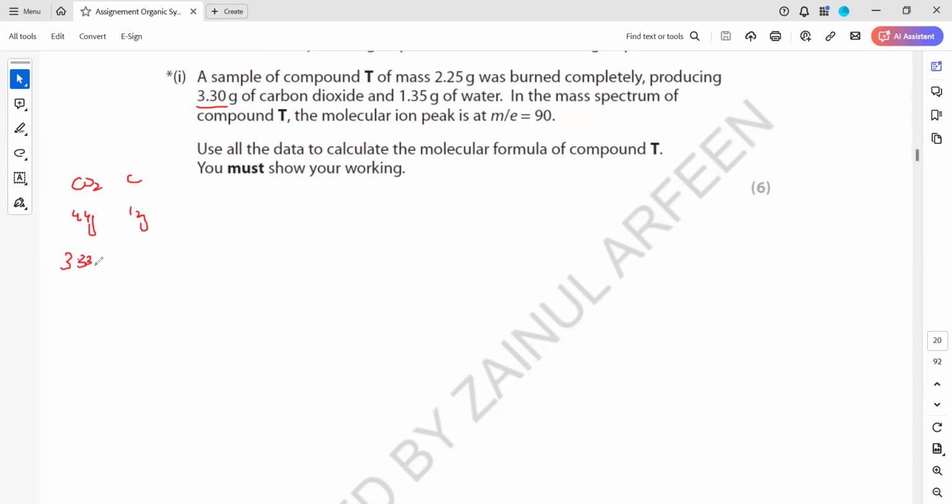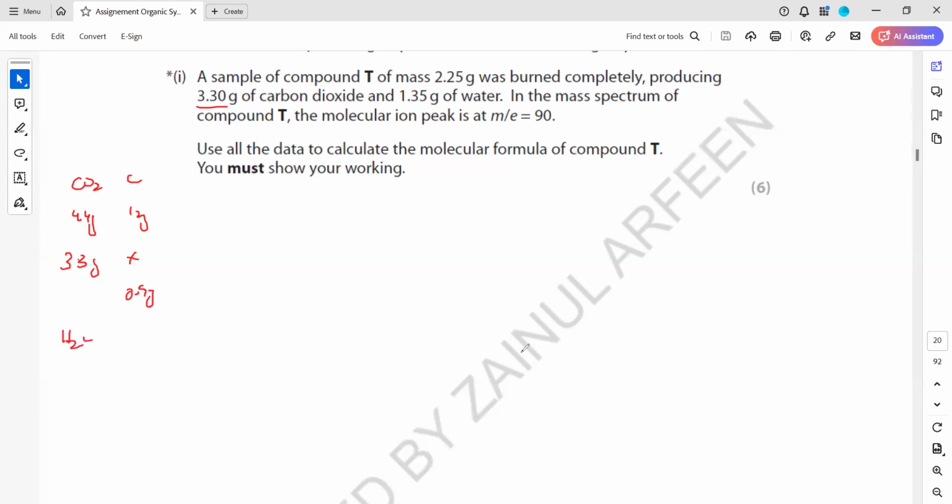So if we have 3.3 grams of carbon dioxide, how much carbon will be there? X. This will give us the amount of carbon present, which is about 0.9 grams of carbon.